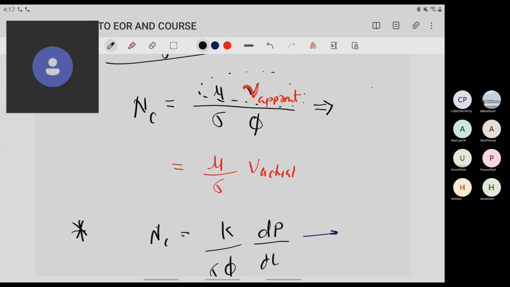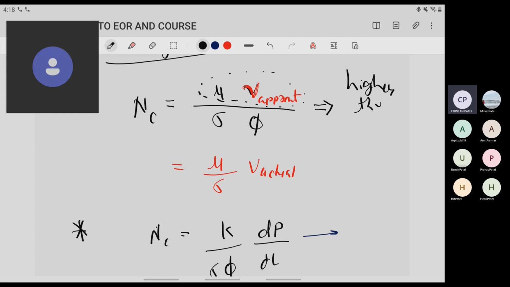Okay, is it correct? Yes, sir. Okay, so basically what is happening here is that velocity is compensating with viscosity. Have you got this? So based on sigma, we can say that if interfacial tension is lower, then it can flow easily. Correct? So the higher the value, the better.